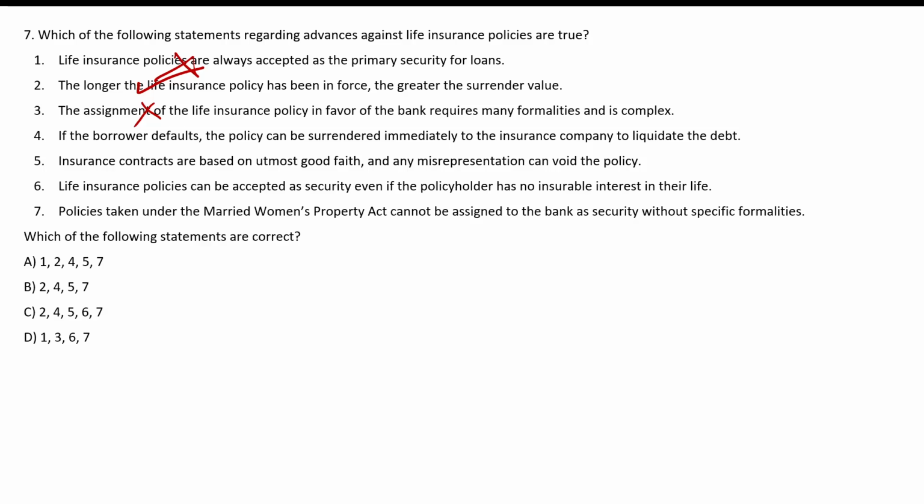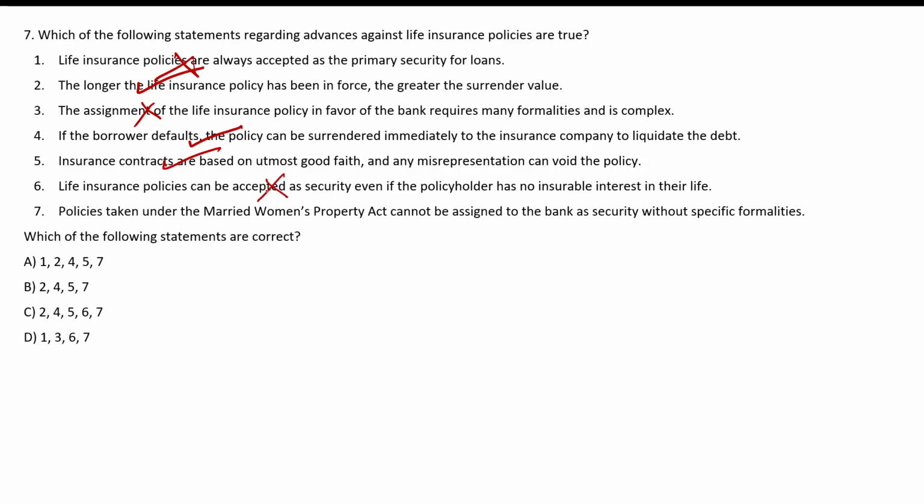If the borrower defaults, the policy can be surrendered immediately to the insurance company to liquidate the debt. Yes, this is correct. Insurance contracts are based on utmost good faith and any misrepresentation can void the policy. This is also correct. Life insurance policy can be accepted as security even if the policy holder has no insurable interest in their life.